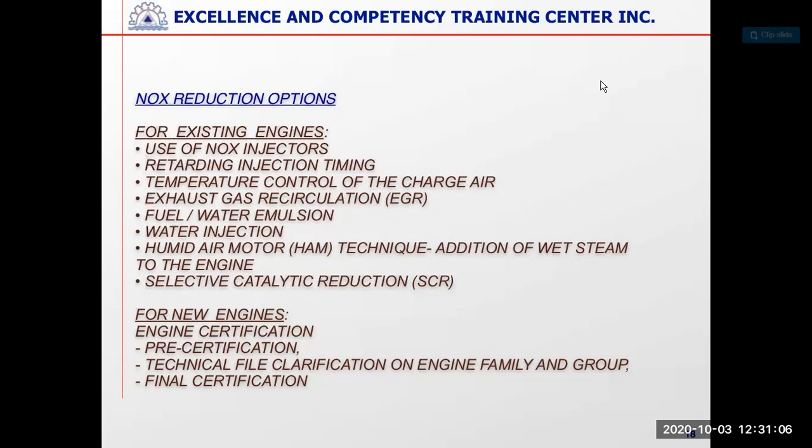So for all old ships, we can introduce new fuel injectors, which are controlling NOx emissions, then retarding the injection timing of the fuel, then temperature control of your charging air, exhaust gas recirculation as we saw, or selective catalytic reduction, then fuel water emulsion or water injection system we can use, then the humid air motor technique where we are adding some wet steam to the engine. These are for mostly existing engines.